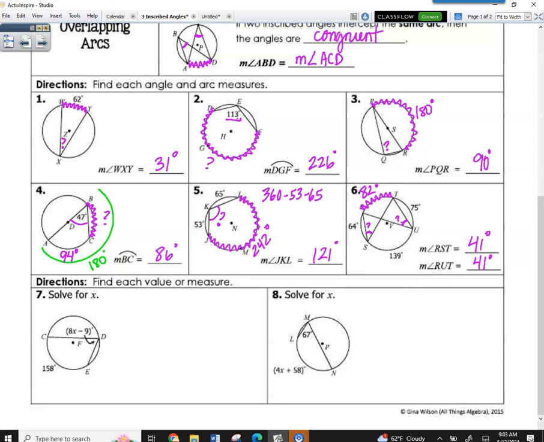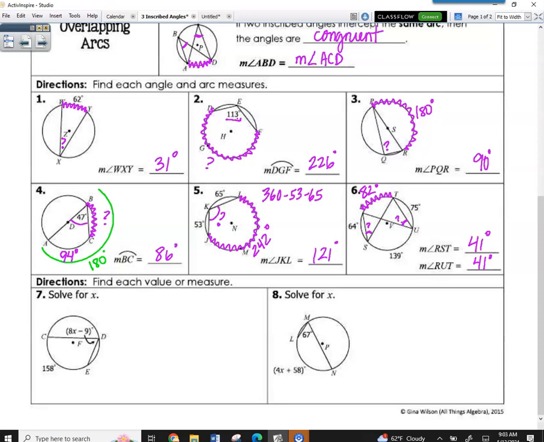All right, now let's level it up. Instead of just numbers, now we have expressions of x. You start it the same way. The goal is to find the measure of the arc or angle where the expression of x is, and then that's your equation.